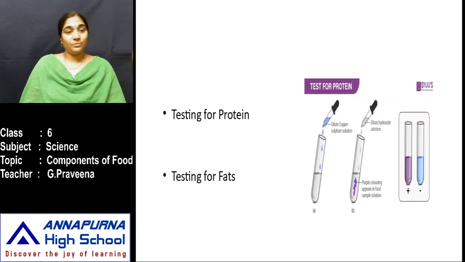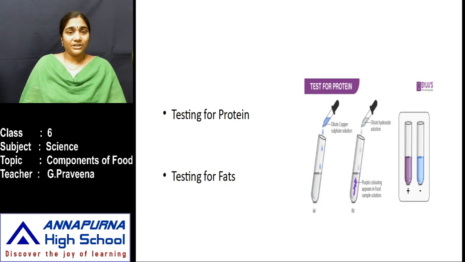So how can we prove that a given food substance consists of sufficient amount of proteins in it? If the food that you want to test is in a solid form, you have to crush it or paste it, and add it into the test tube. Now add 2 or 3 ml of water to it and 2 drops of copper sulfate and 10 drops of caustic soda.